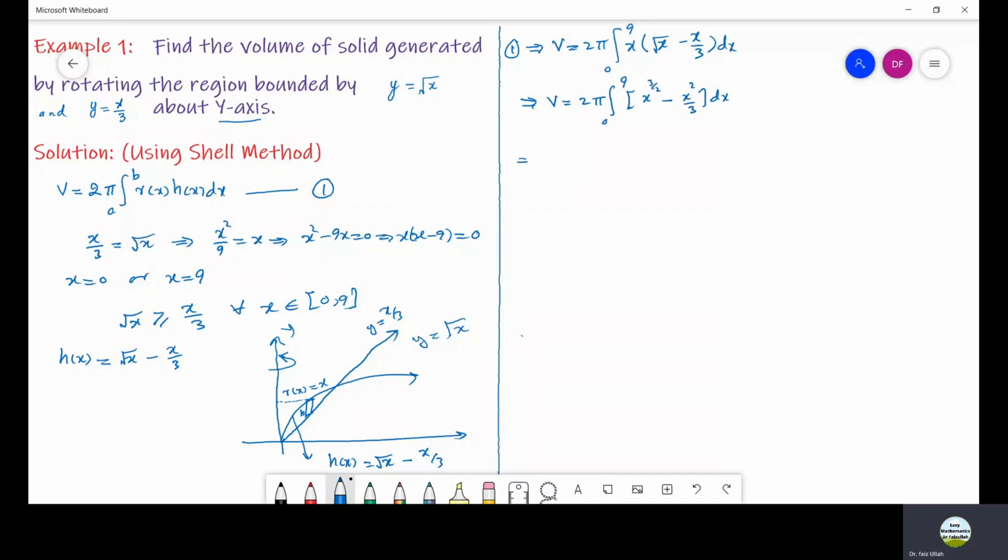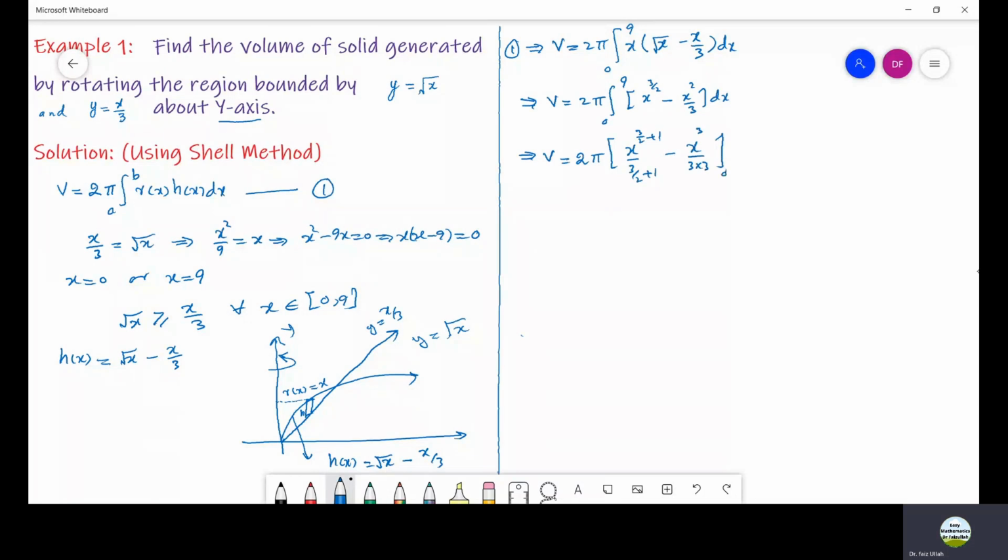And in the next step, now let us integrate this. So if we integrate, we have 2 pi and integration of x power 3 by 2, this is x power 3 by 2 plus 1 divided by 3 by 2 plus 1, minus x power 2 plus 1, so that is x cubed divided by 3, so this is 3 into 3.